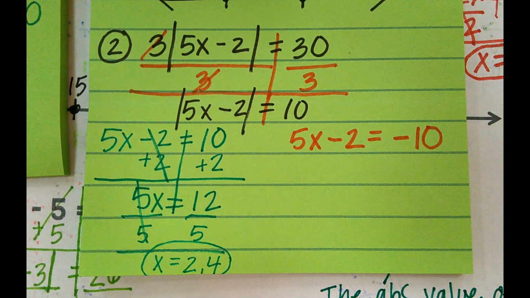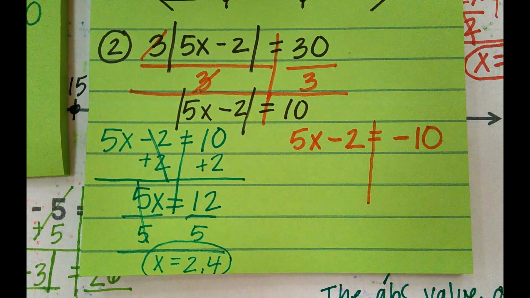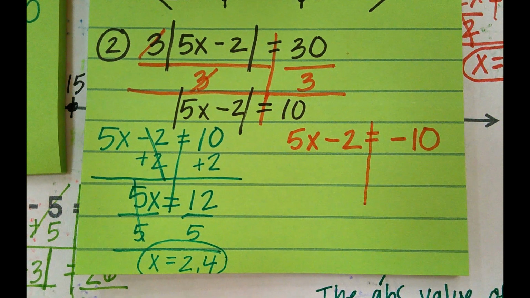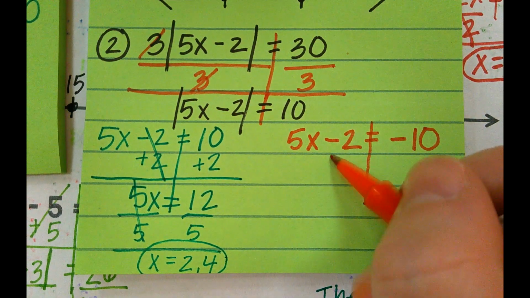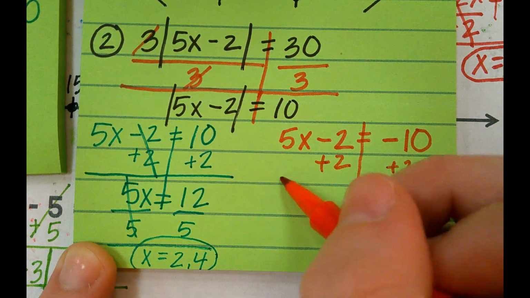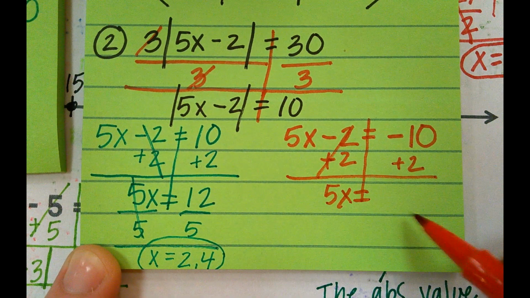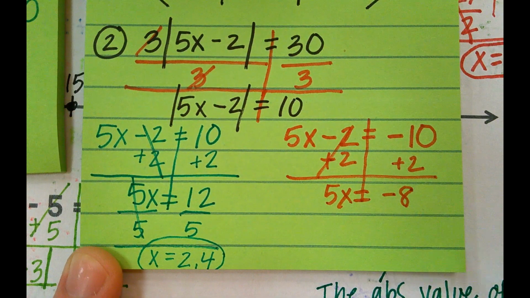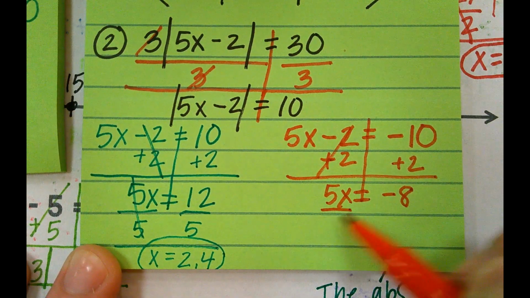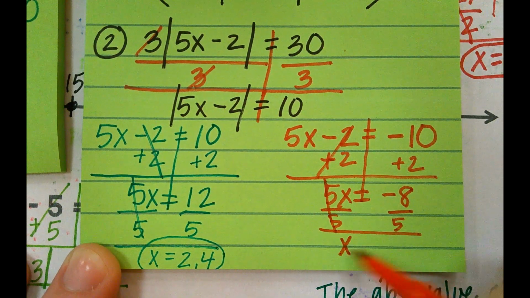Okay. Same thing on the other equation. What will my first step be here? Add 2 on both sides. Bring down 5x equals -8. Divide by 5, 5 by 5. X equals -1.6.